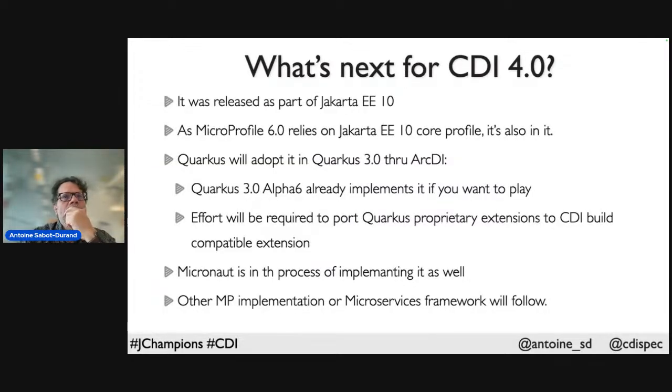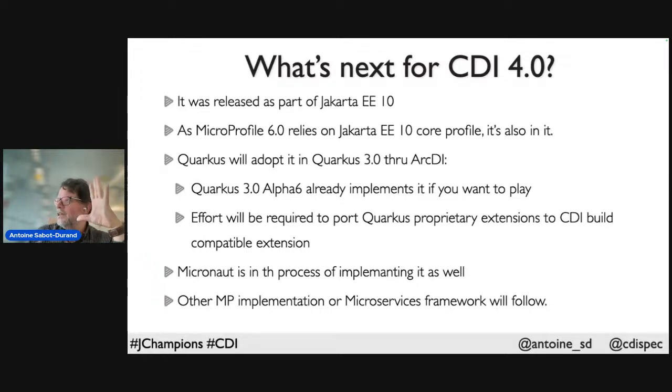So what are the steps for CDI 4 since it was introduced? As you know, it was released with Jakarta EE 10, and it was released in a specific new Jakarta EE profile called the core profile.